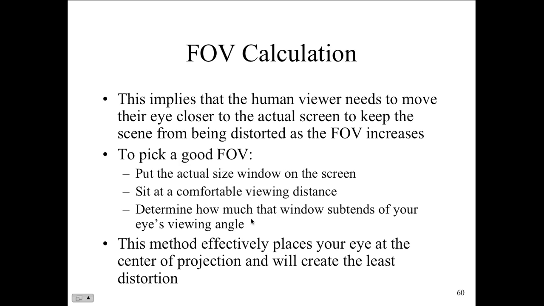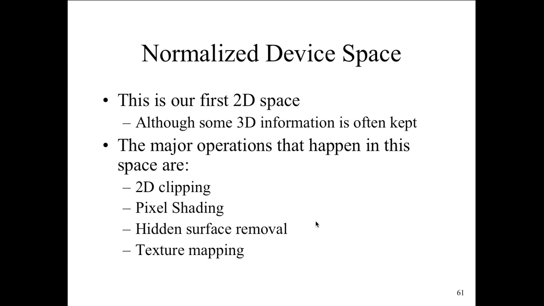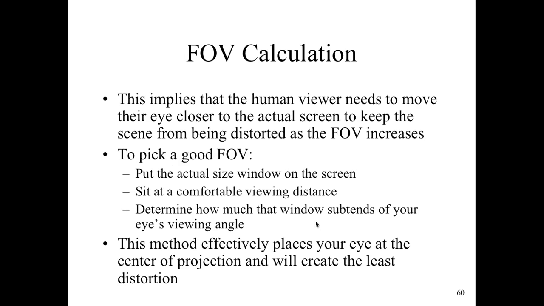And then you determine how much the window subtends of your eye's viewing angle. How much of the window goes away, how small it gets. So the method is effective if it places your eye at the center of the projection and will create the least distortion needed. So actually, you can tell the quality of some graphic packages and some images by how clear things are the farther away they are.